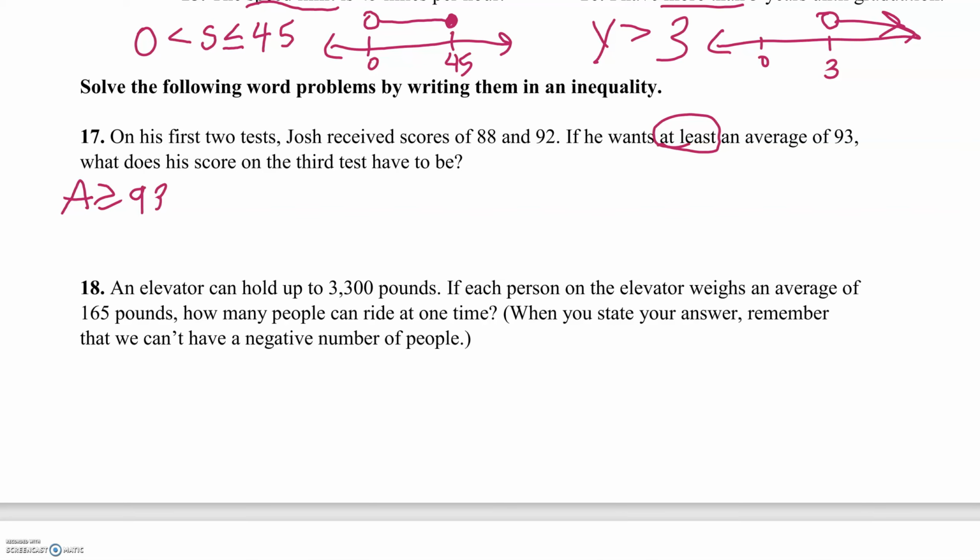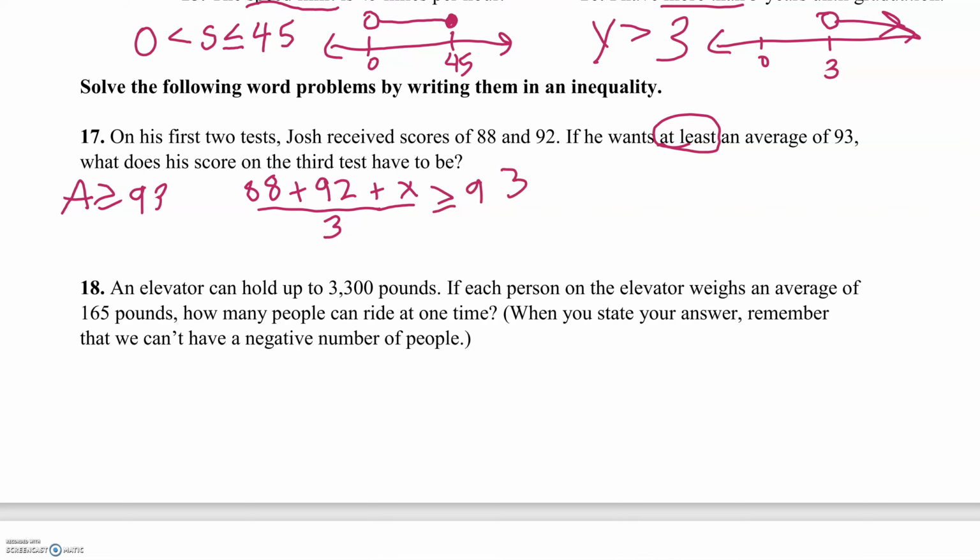To find the average, you add the numbers together and divide by how many numbers there are. So we have 88, 92, and we have a 3rd test that we don't know what it is. So I'm going to call it x. And that will be 3 tests, so I'll divide by the number 3. And I'm going to replace that in my inequality as a. This is my average, and I want it to be greater than or equal to 93.